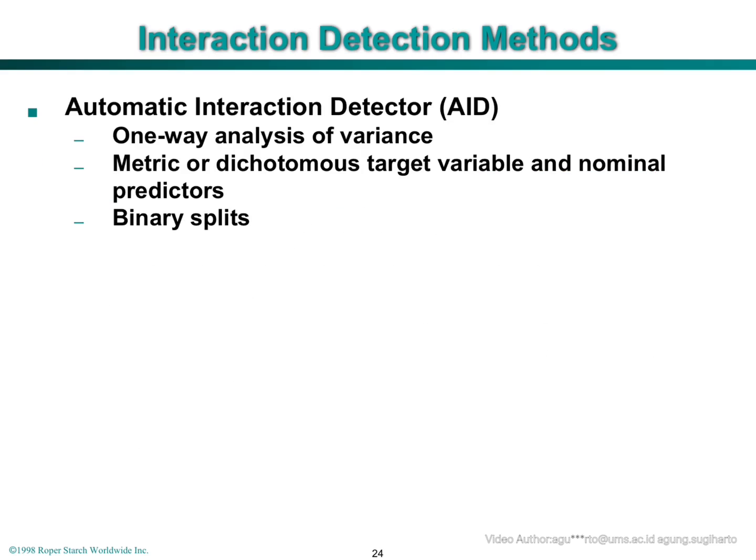Interaction detection method: we can use automatic interaction detector, or AID, and one-way analysis of variance, with a metric variable and nominal predictor, binary split.